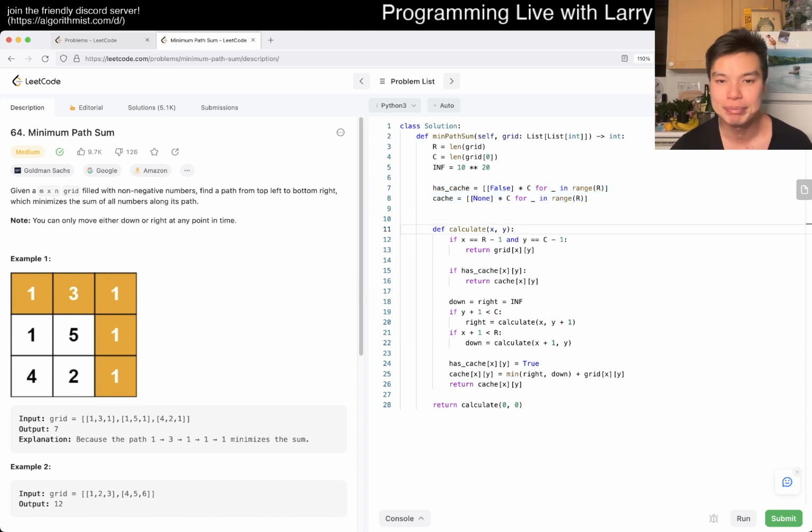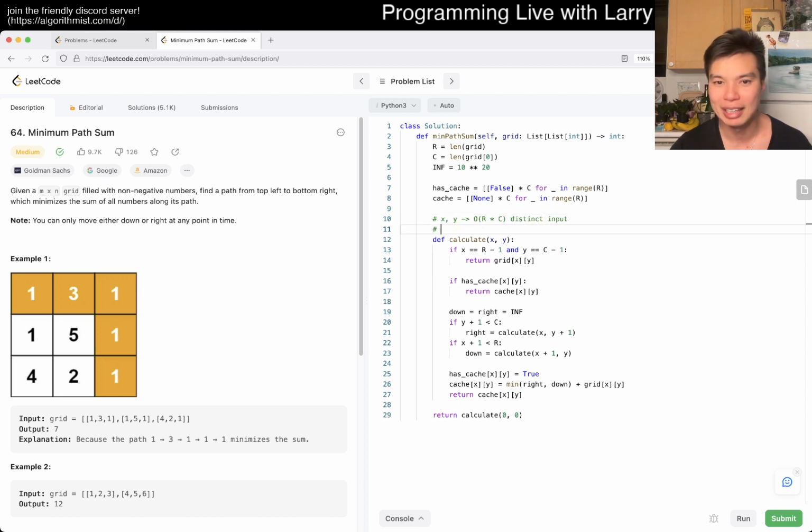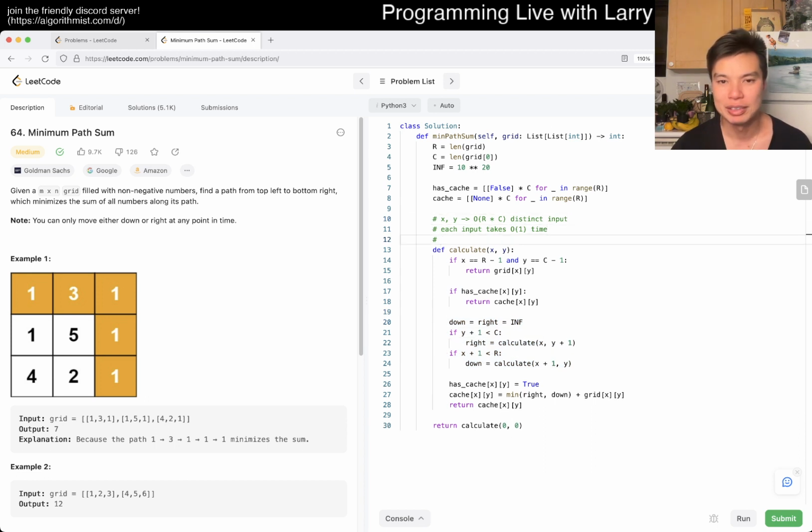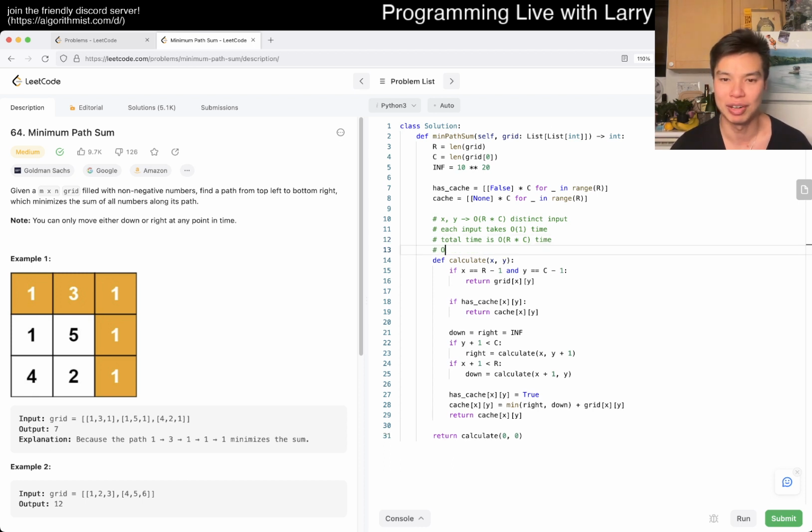For the time, there are O of R times C distinct inputs, and each input takes O of 1 time because we just do a couple of lookups. So total time is O of R times C, and also O of R times C space.